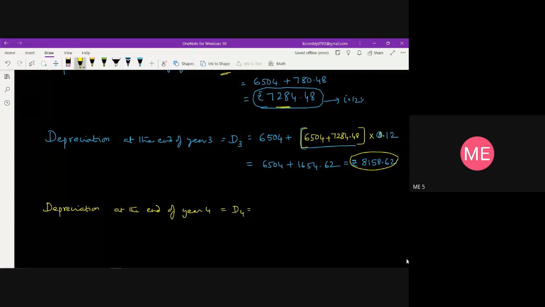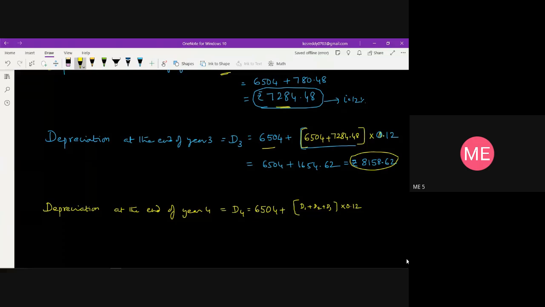Now see here, there is a constant fixed depreciation, that is 6504 every year, and the remaining depreciation earned, that is D1 plus D2 plus D3 before this fourth year. For that, this is the interest which you are going to calculate as 0.12.